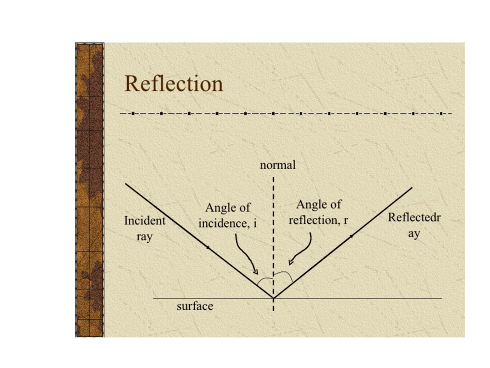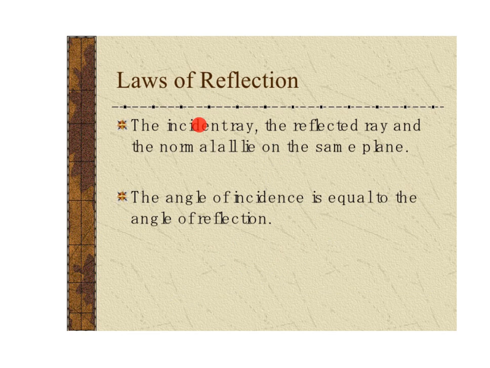So let us see the laws of reflection: the incident ray, the reflected ray and the normal all lie on the same plane, and the angle of incidence is equal to the angle of reflection. That means angle I is equal to angle R.